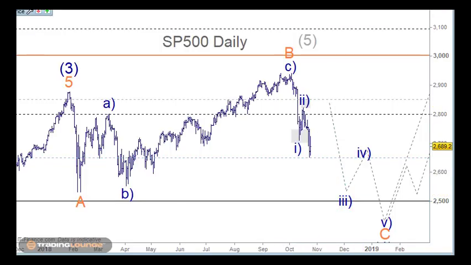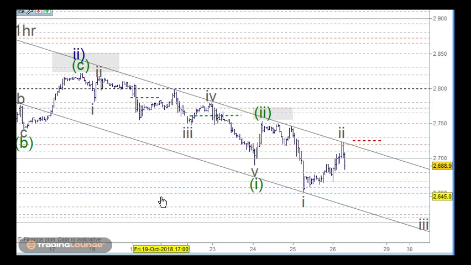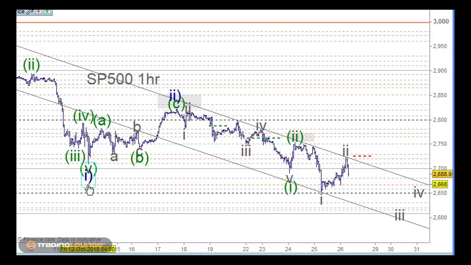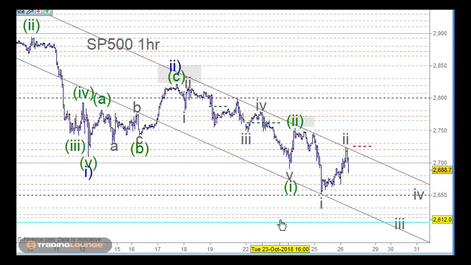So if I have a look at that on the hourly chart first, that we've been tracking here, we've got wave 1 in blue here and wave 2 here for the 50-60% retracement level, and then we've been working lower. In this count, we have 5 waves down here for wave 1, back for wave 2, and looking at this as wave 1 here and wave 2 here.